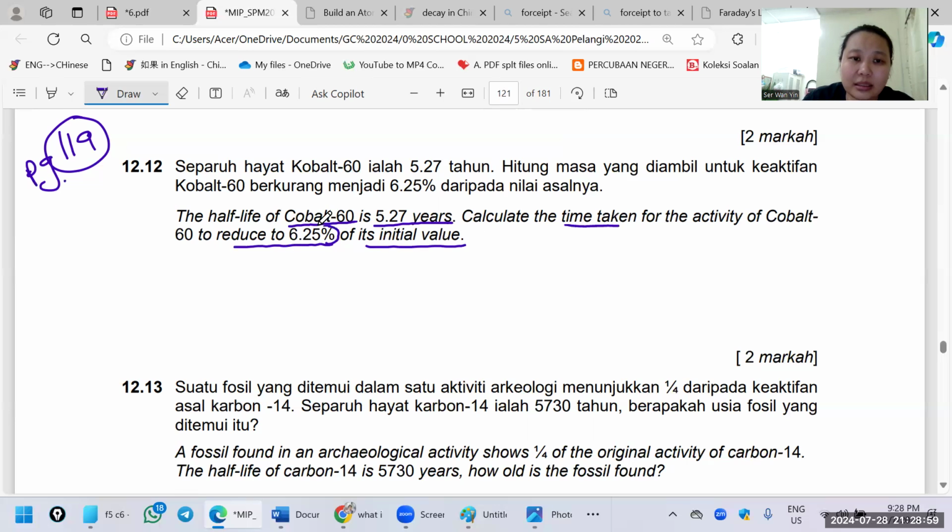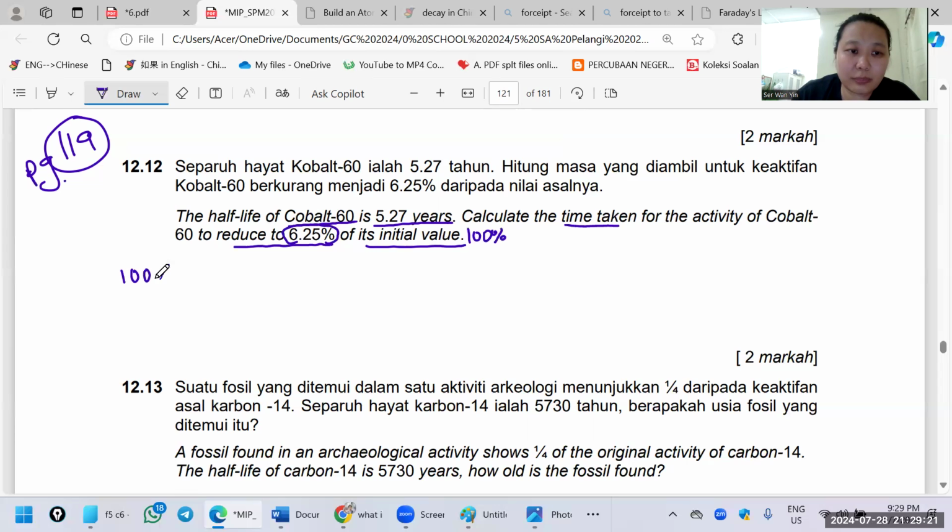So when they ask about percent, you can make the original or initial 100%. But sometimes they will give you the number, the mass, the activity, or they just give you percent or fraction.